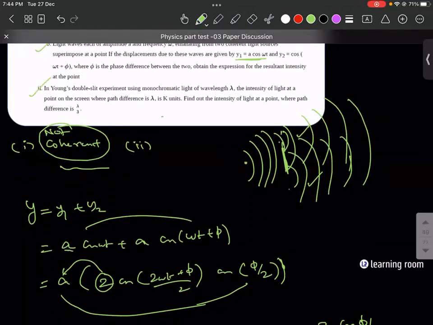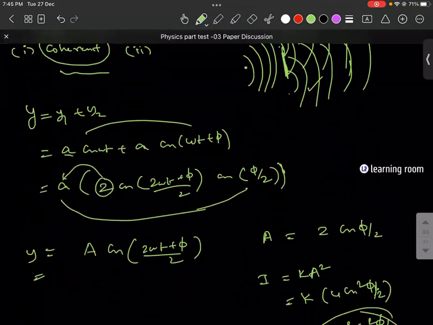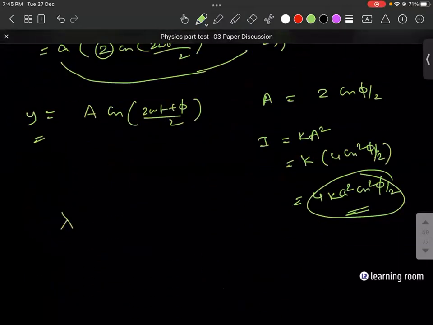In a Young's double slit experiment using monochromatic light of wavelength lambda, the intensity of light at a point on the screen where the path difference is lambda is k units. Find out the intensity at a point where the path difference is lambda by 3. So path difference lambda corresponds to a phase difference of how much value?